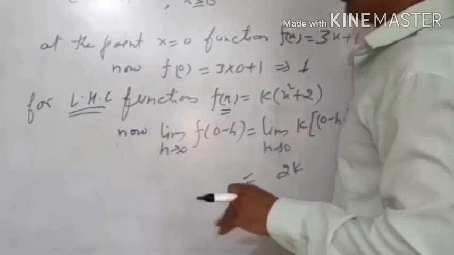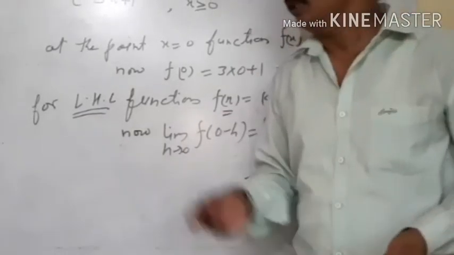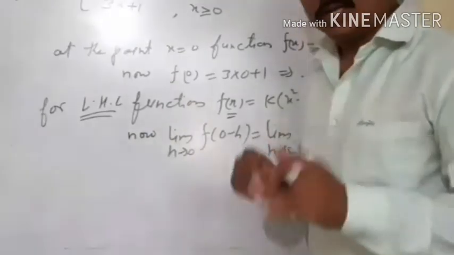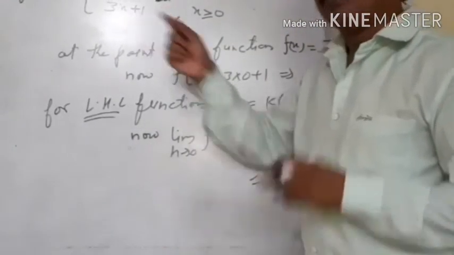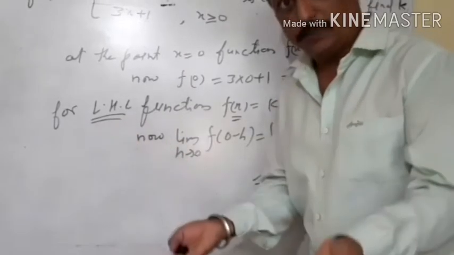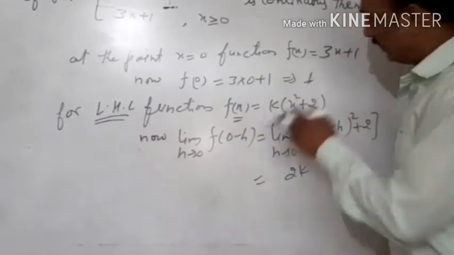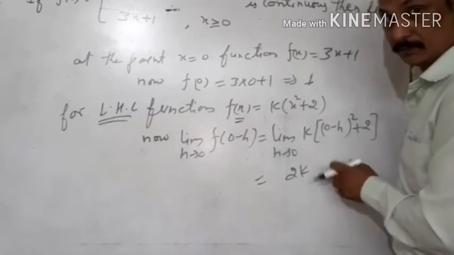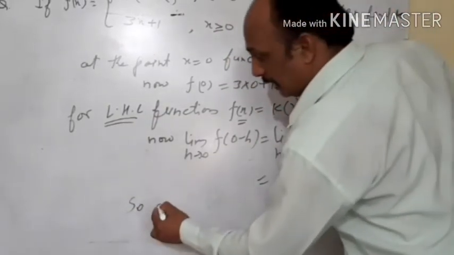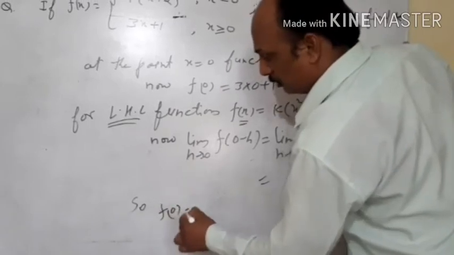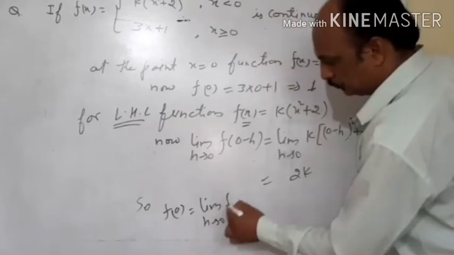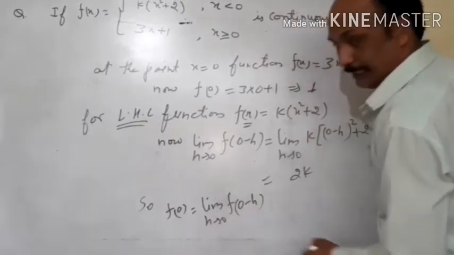We all know that if the given function is continuous, then the value of the function at the point and the value of LHL must be equal. We are equating these values. So f(0) is equal to limit h tends to 0 of f(0 minus h).